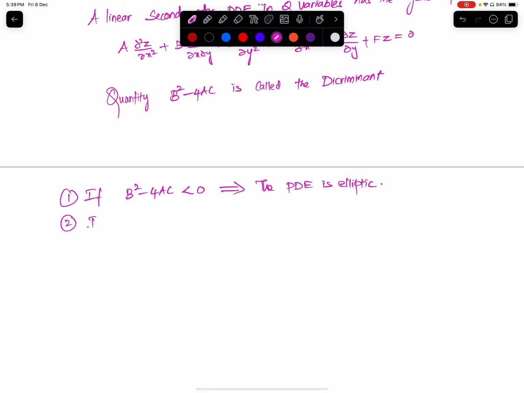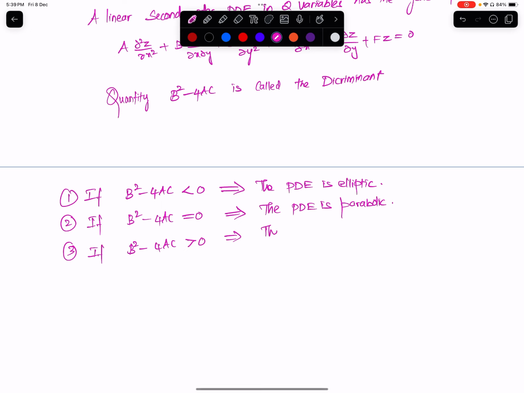The second case, if b² minus 4ac equal to 0, then we say the given PDE is parabolic. The third one, if b² minus 4ac is bigger than 0, that is positive, then the PDE is hyperbolic.